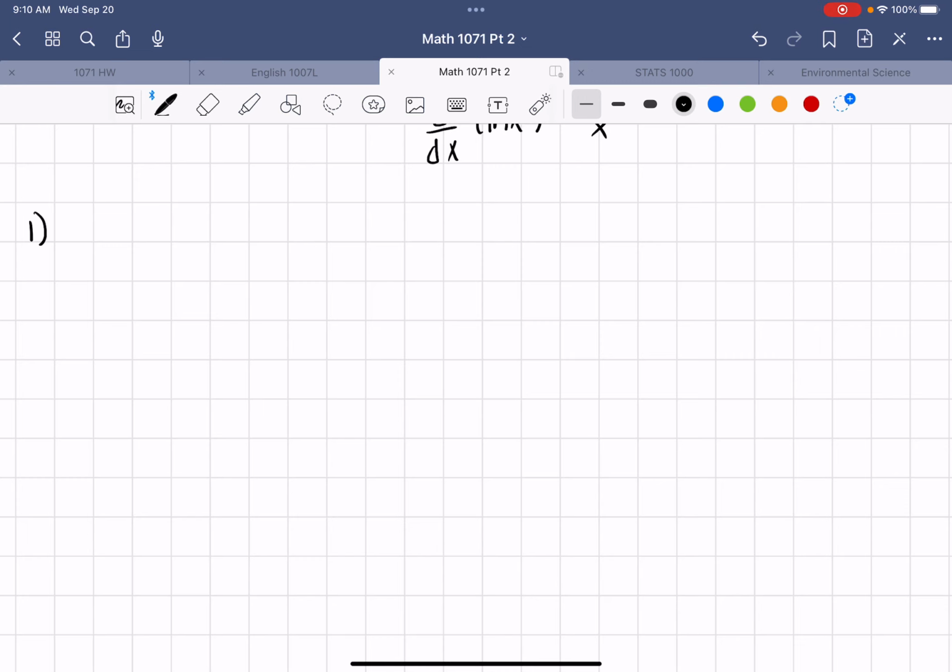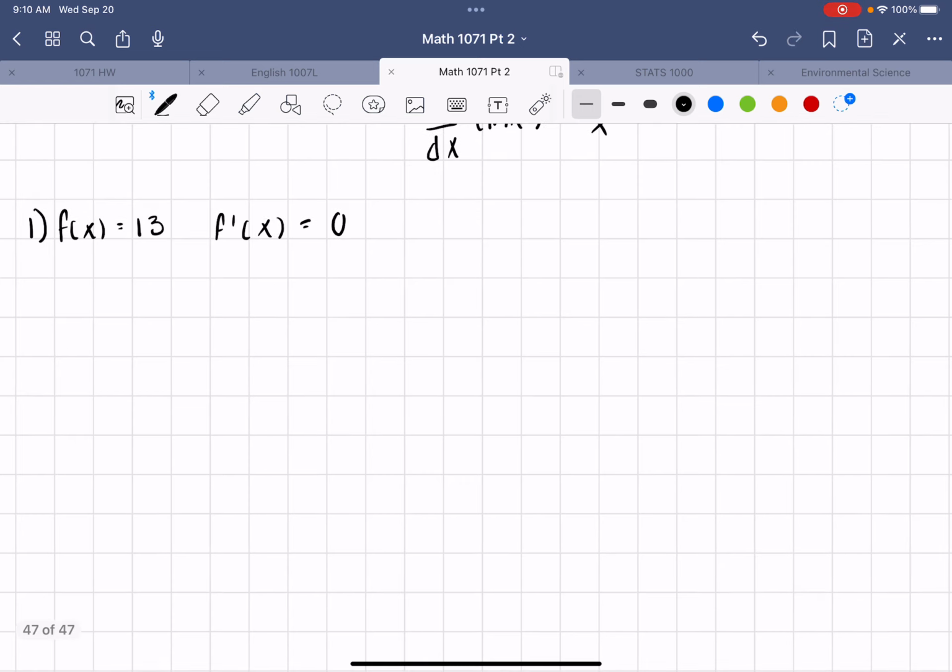We've said the derivative is the slope of the tangent. That's a useful thing to remember. We have said that the derivative is the slope of the tangent.